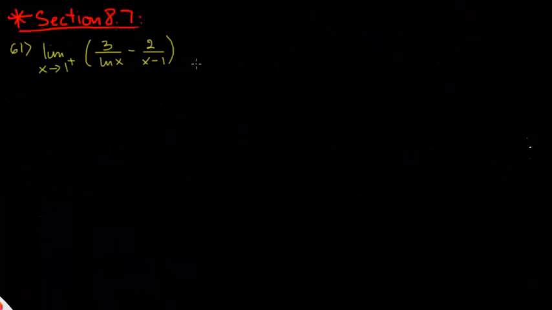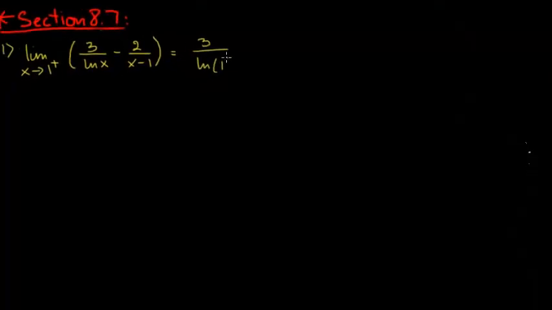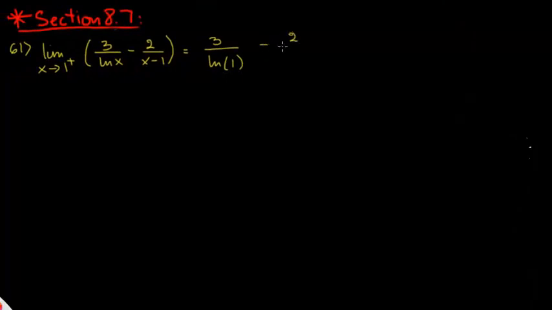This is problem 61, the limit as x approaches 1 from the right of 3 over ln x minus 2 over x minus 1. If I use direct substitution, you will have 3 over ln 1 minus 2 over 1 minus 1.